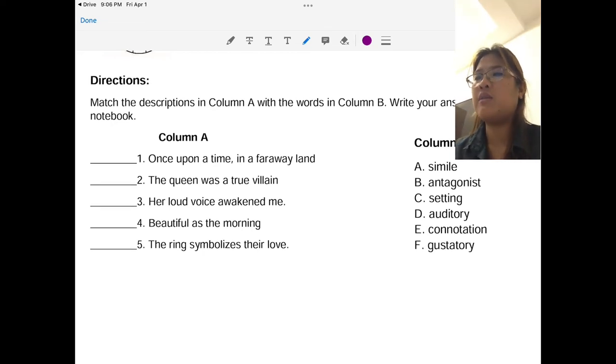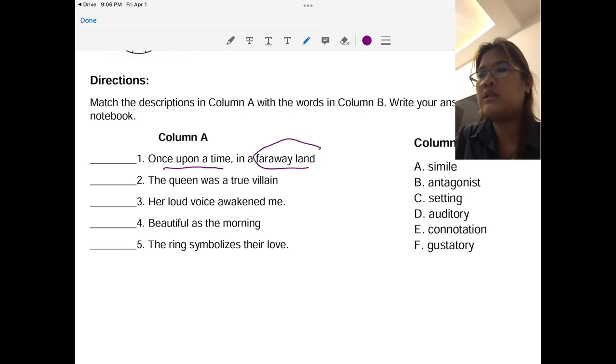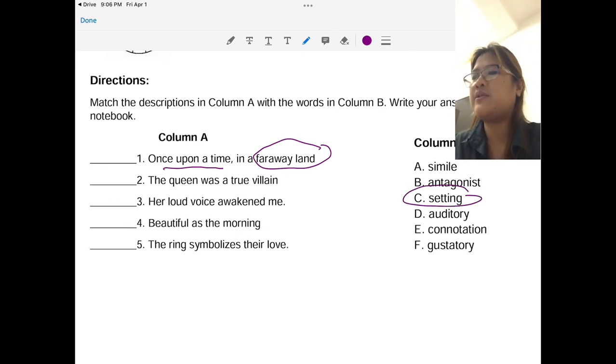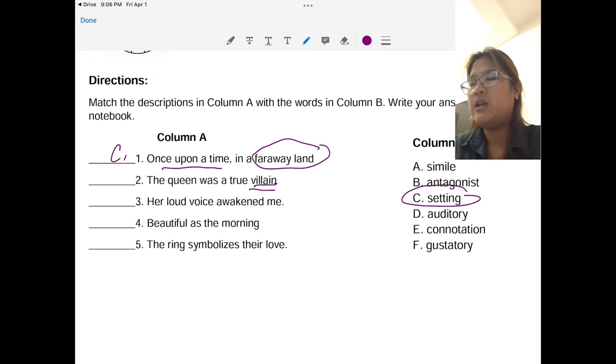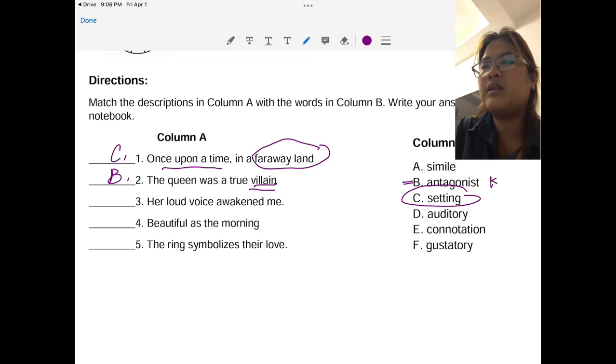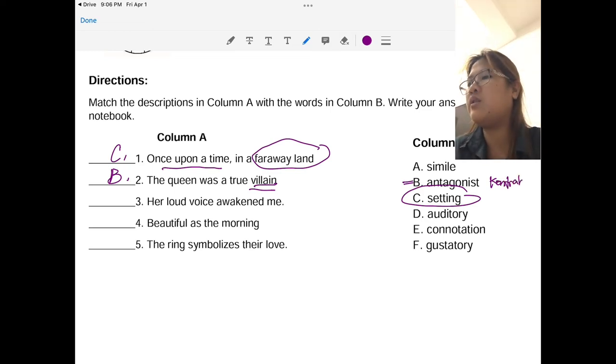"Once upon a time in a faraway land." That gives it the correct setting. It's letter C. "The queen was a true villain." The word is villain. We have letter B, antagonist, which is contrabida.